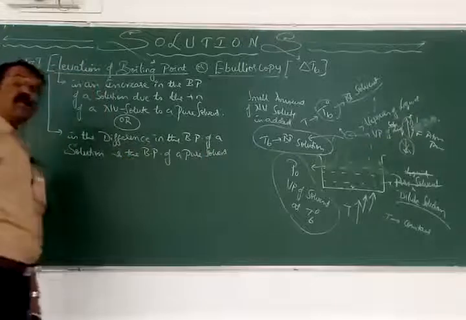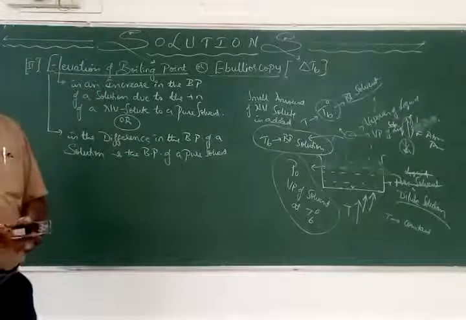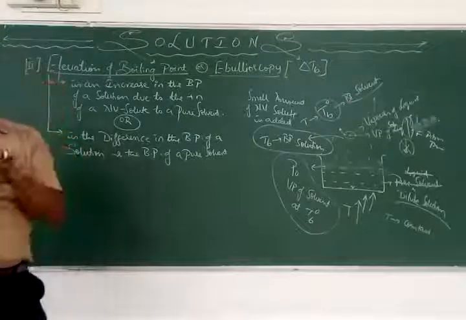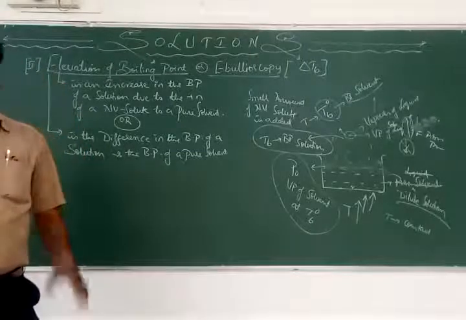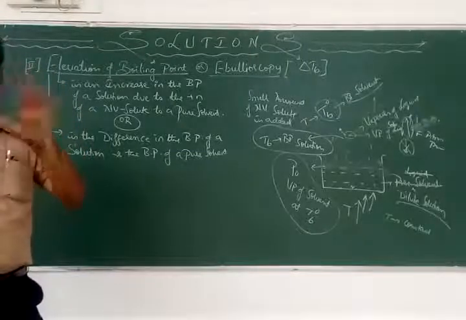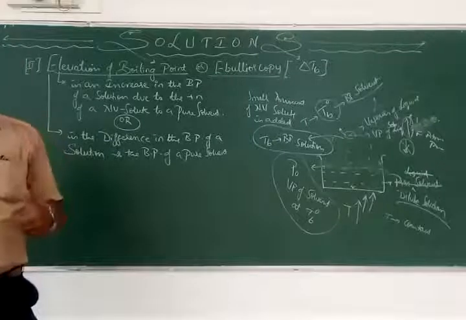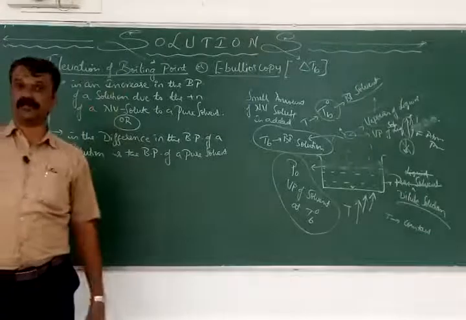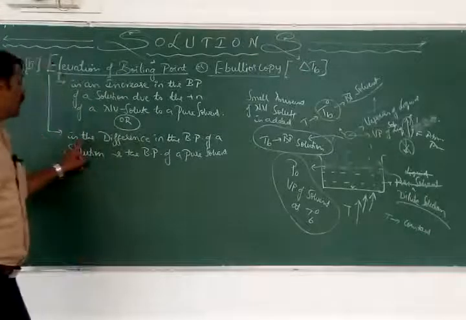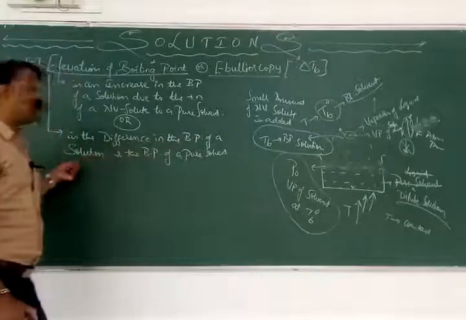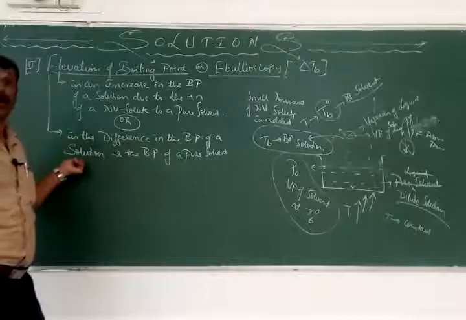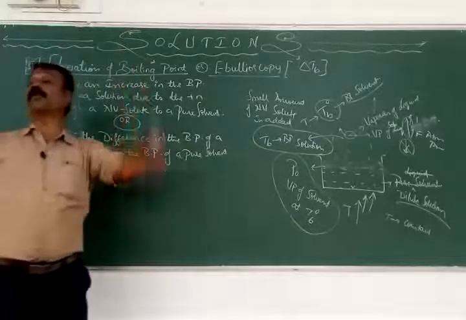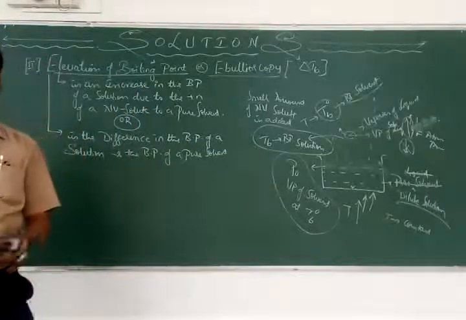Previously in the lowering of vapor pressure, according to the mathematical concept, it is a difference in the vapor pressure of the pure solvent and the solution, meaning the vapor pressure of the solvent is more compared to that of the solution. But here it is the reverse, because vapor pressure and boiling point are inverse. It is the difference in the boiling point of the solution and the boiling point of the pure solvent.